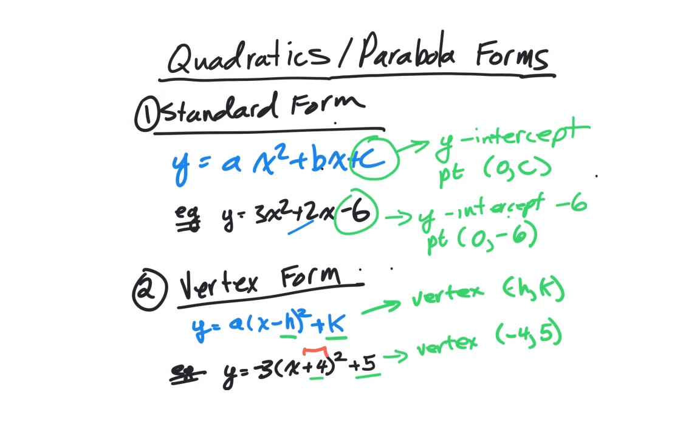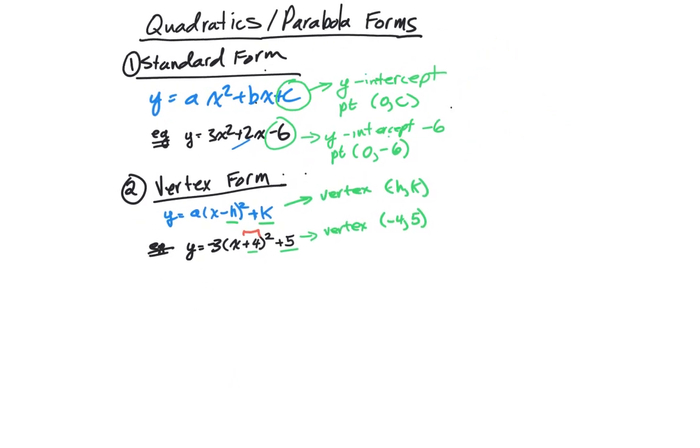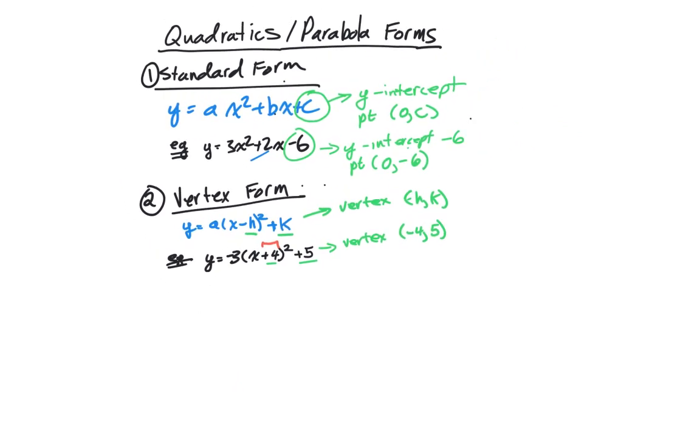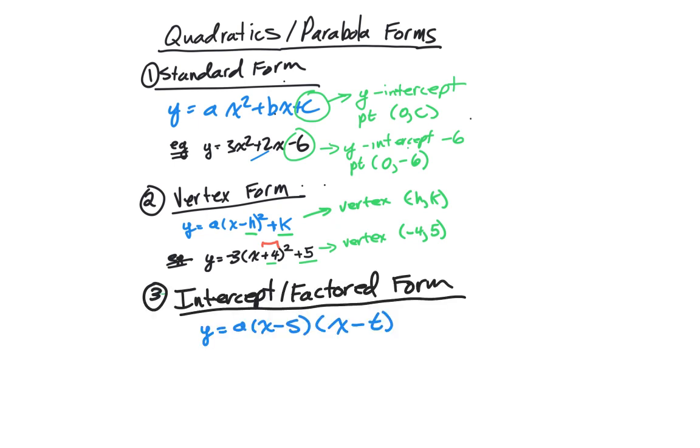And now, let's take a look at our final type of parabola. The third form is called the intercept or factored form. Now, these intercepts are basically talking about the x-intercepts. And we use this in conjunction with our factoring. So with factoring, based on this first equation type here, we get this equation here.